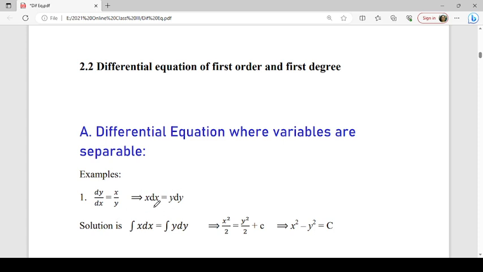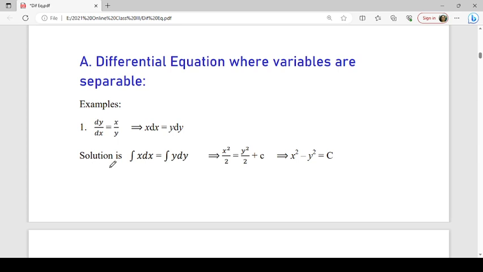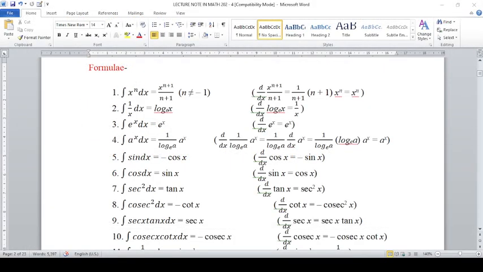When we integrate, then only this dx differential will go. Then x dx, its solution is, you just integrate, then this dy dx will go. You need to remember the values of integration and derivative.